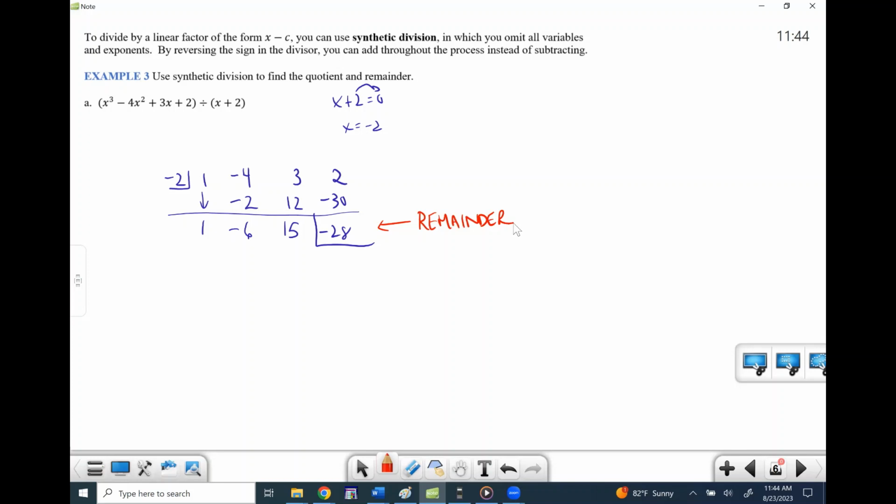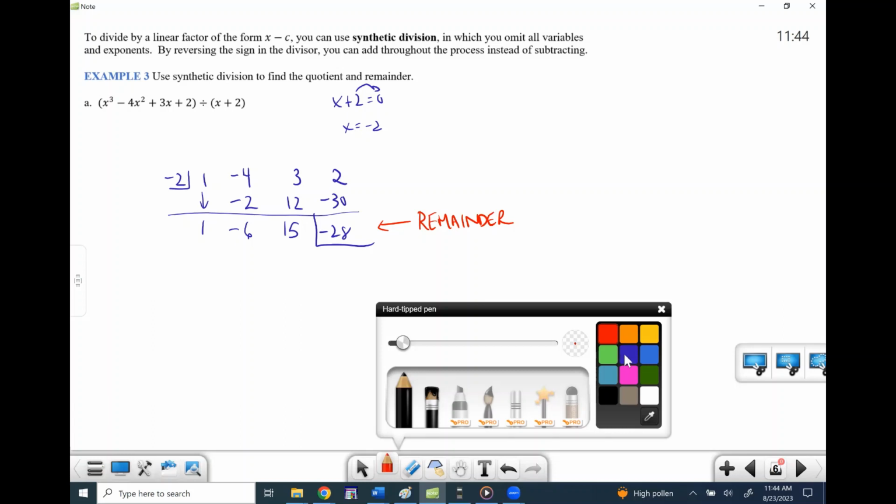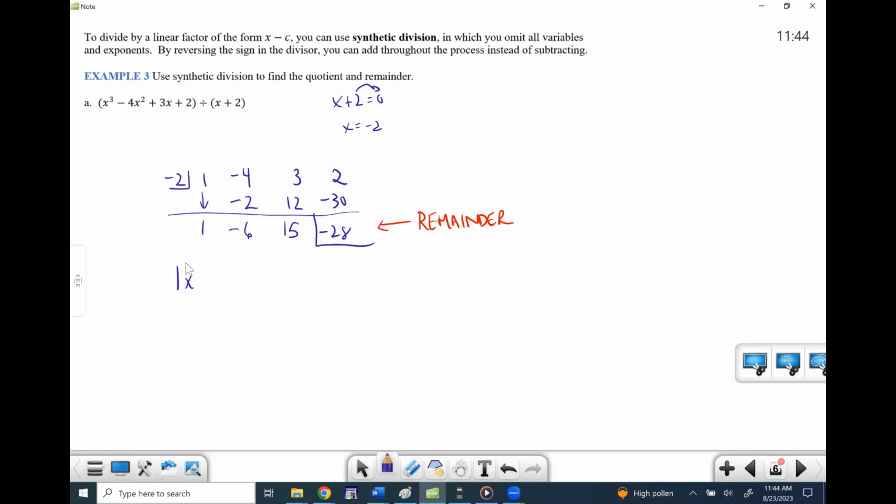All right, now it's time to put the x's back. This is actually going to be 1x to the, now, you divided an x cubed by an x to the first, so that's going to make this an x to the second. If you want to think of it this way, you always go down the highest degree by 1. So if you started off with the cubed, you're going to end with the squared.